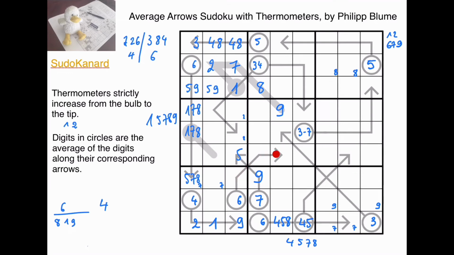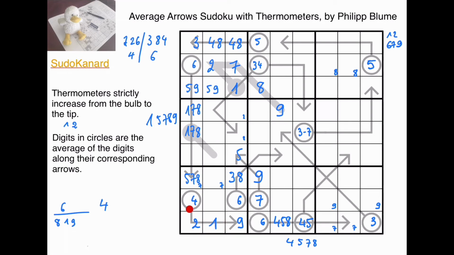And we need a sum of 18. And that doesn't seem to be so many options. 2 is here, so this can only be 3 or 8. All other digits have been eliminated.